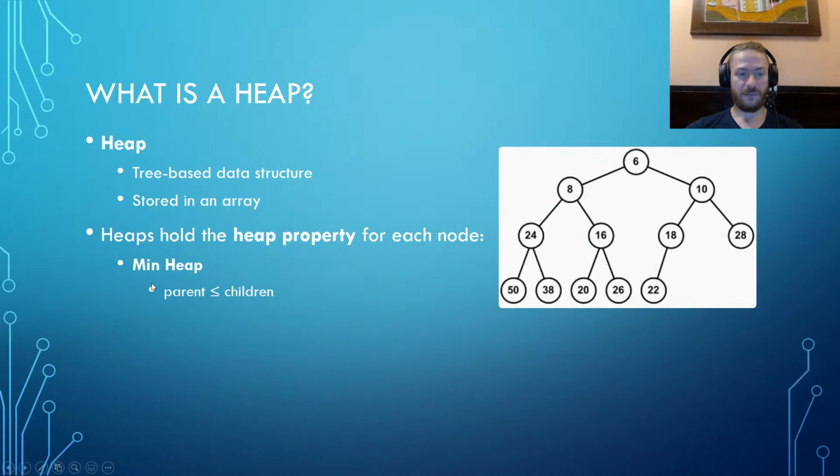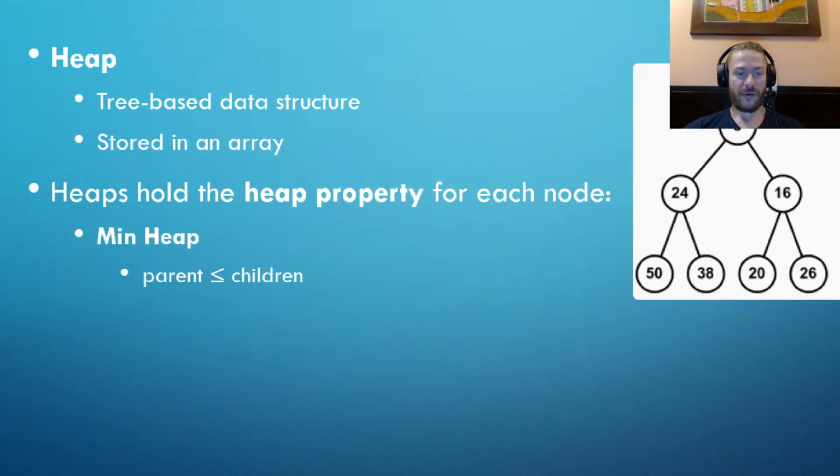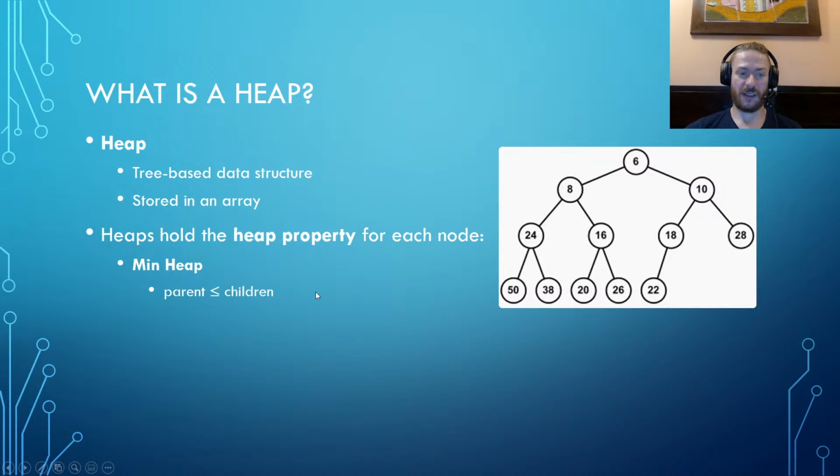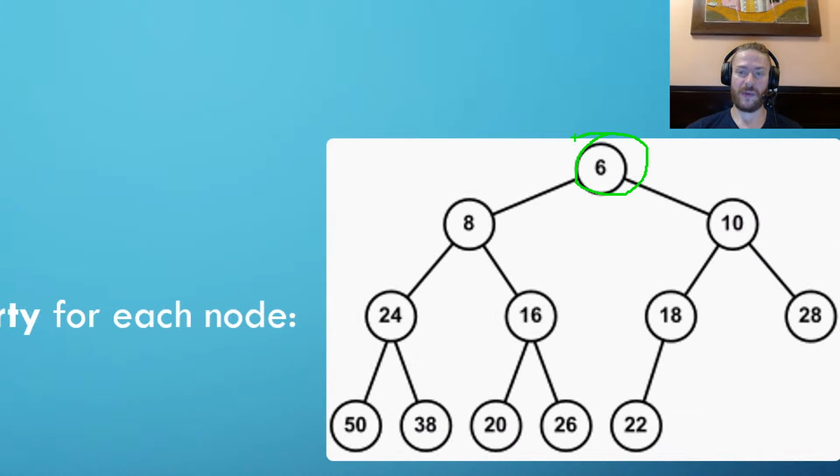But if we have a min heap, it means that the priority is for smaller numbers. The parent should be less than or equal to the children. That's the important part. So the parent needs to be less than its children.